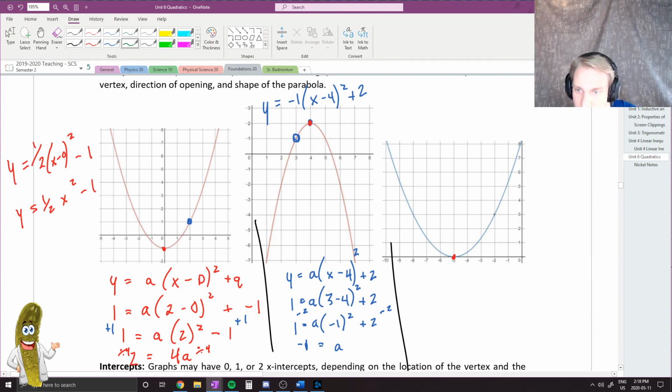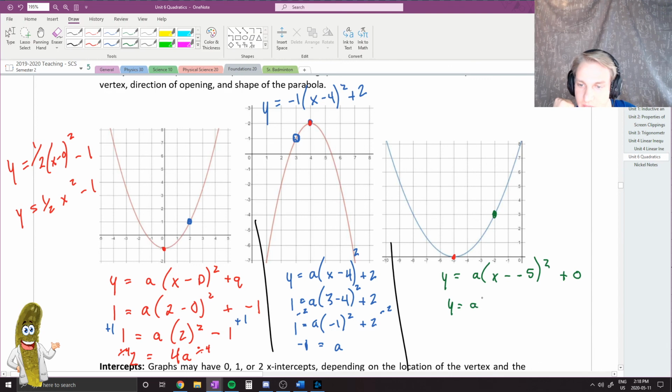We'll do the third example here in green. I am going to choose this point right here because I like that one there. So y is equal to a times x minus, this one has a value of negative 5, so it'd be x minus negative 5 squared. And then it doesn't have a y value, so it would be plus 0.